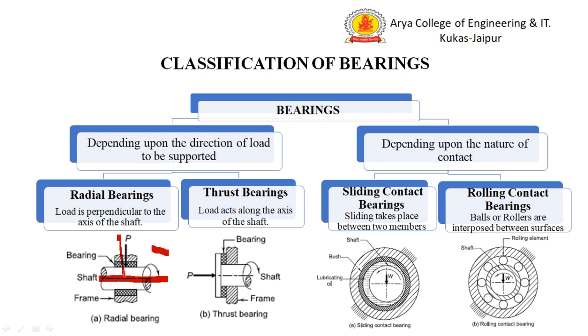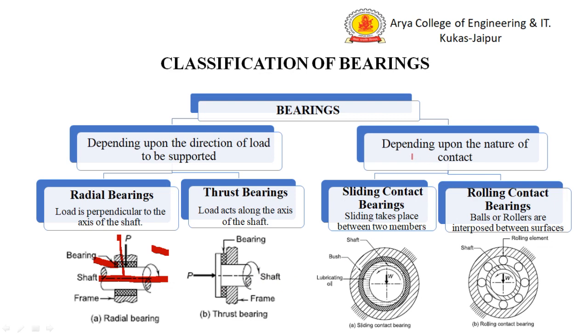This is the shaft, which is a moving element, and this is the bearing. So this force P is perpendicular to the axis of the shaft. So it is called a radial bearing. If the load is perpendicular to the axis of the shaft, then the bearing is called radial bearing. In thrust bearing, the load P is acting along the axis of the shaft.